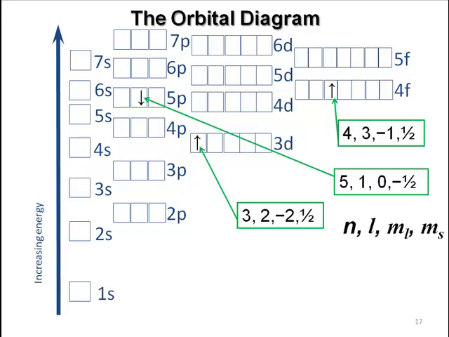And if we had an electron here, it'd be 3, 2, -2, +1/2. All right, what I'd like you to do at this time is invent a set of numbers for your partner. Write them down and switch papers and see if you can identify where you think the electron would be drawn.